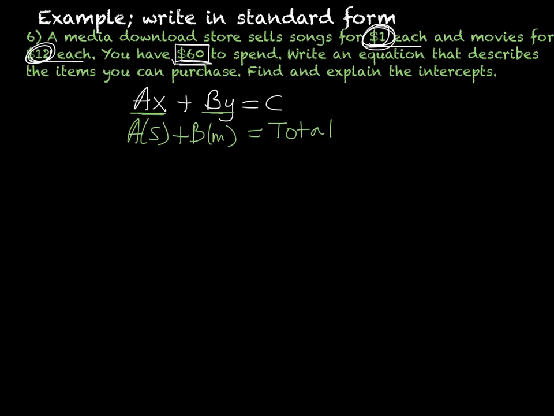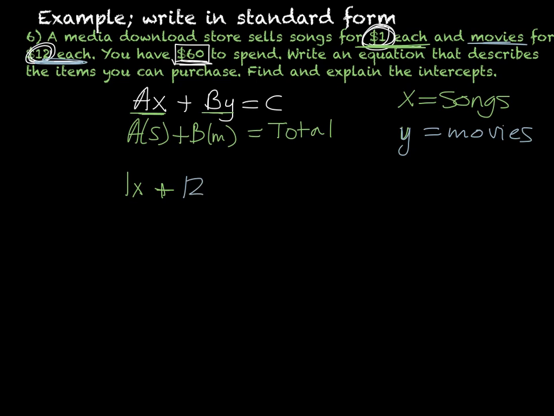So if we say x equals songs, then each song costs $1. So 1 times x, and the plus is adding things together, because we also have movies, and we're going to call y equal to the movies, and movies cost $12 each.